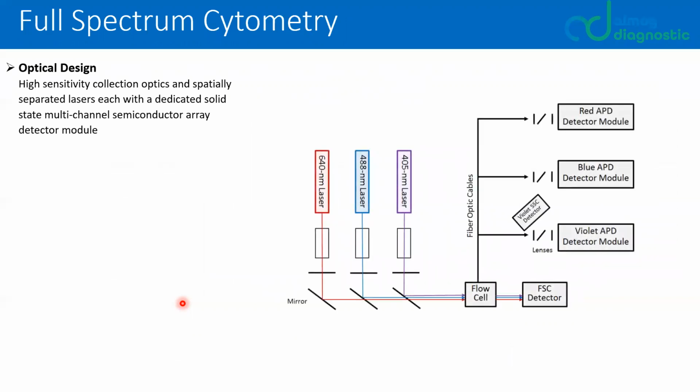So let's dig deeper into full spectrum cytometry. We have the optical design. We have the lasers. Each laser has its own APD detector module that consists of several detectors. The detectors, the APDs, are highly sensitive, and the lasers are spatially separated.